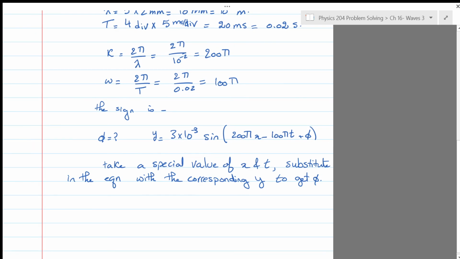So we can substitute this and say this is -2 times 10 power minus 3 equal to 3 times 10 power minus 3 sine of 200 pi times 0 minus 100 pi times 0 plus phi. So this gives us that sine phi is -2 over 3. And then we can deduce phi. I didn't calculate this value, so you can just do the calculations to get the exact value for phi.